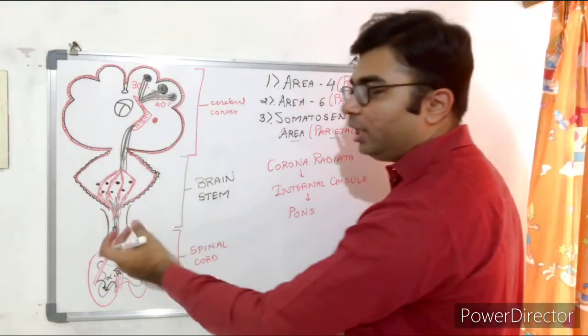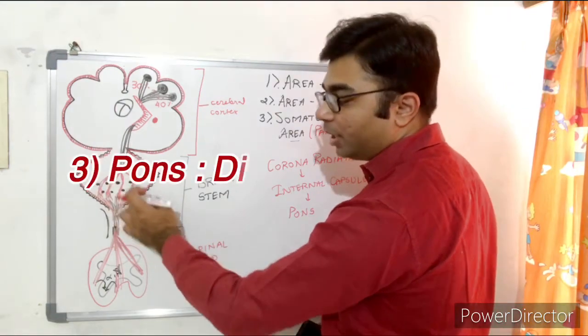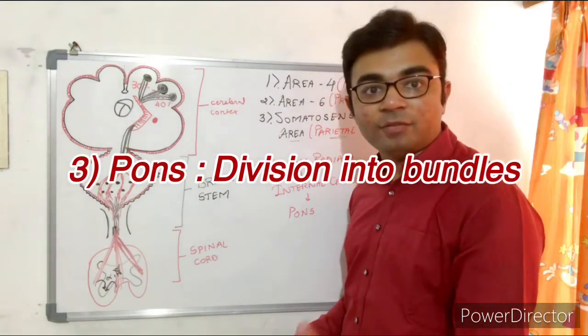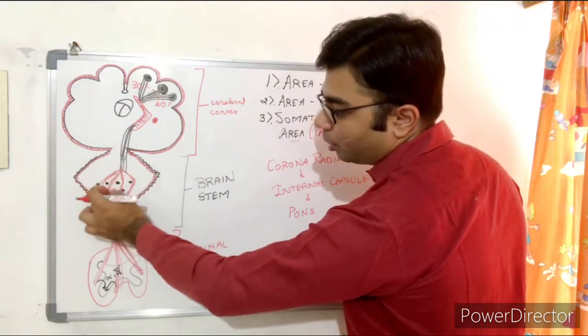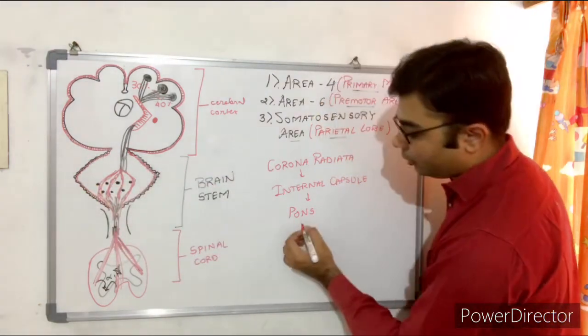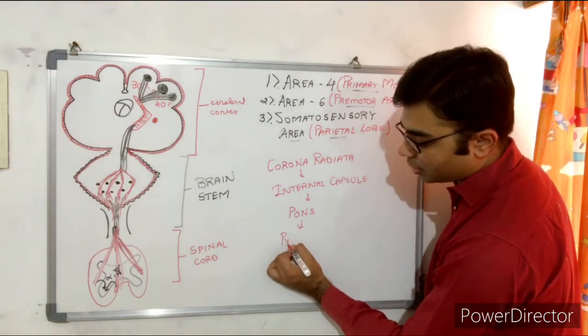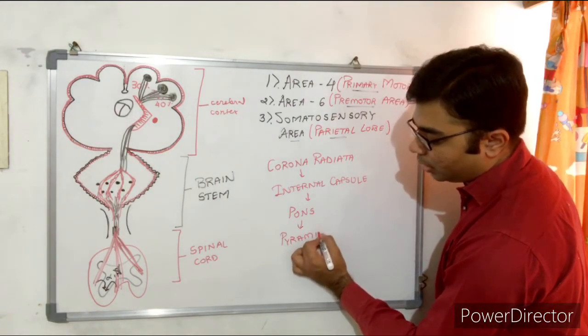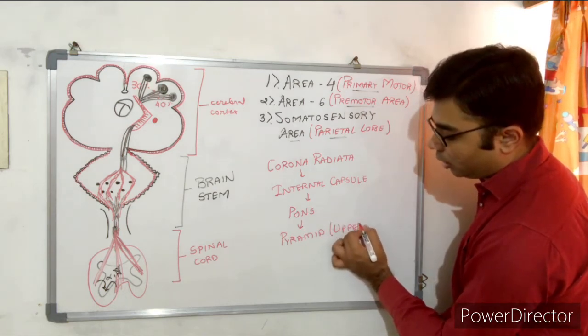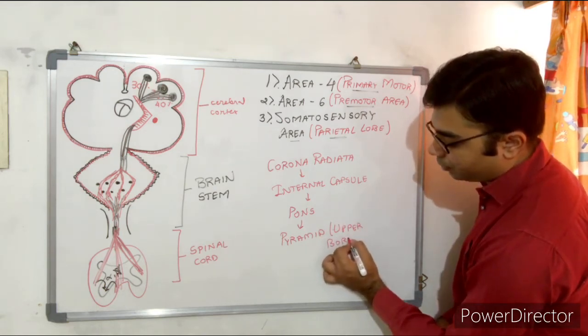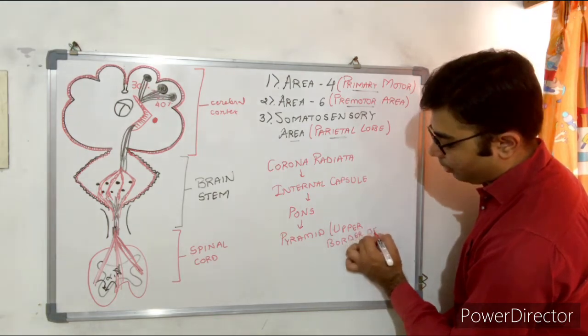because of the many vital nuclei which are present, which are responsible for many vital functions, they divide themselves into many small bundles. So it gives a pyramid shaped appearance at the level of the upper border of the medulla oblongata.